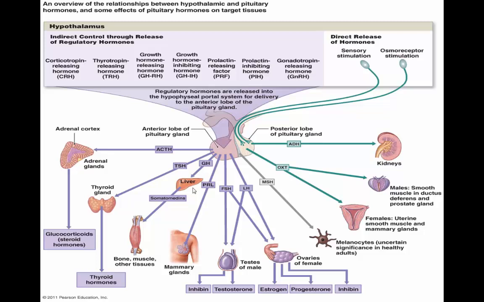Then you have prolactin, okay, which is produced in cells called lactotrophs that constitute about 30% of the cells of the anterior pituitary. The pituitary doubles in size with pregnancy, largely because of hyperplasia and hypertrophy of these lactotrophs.